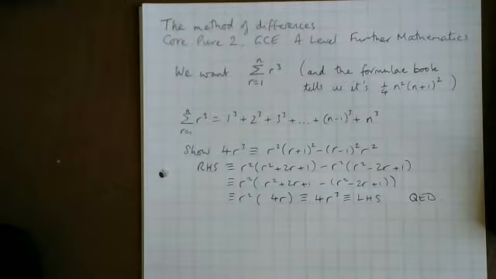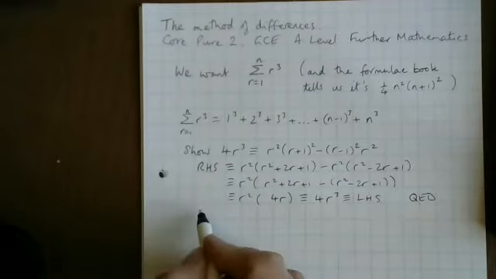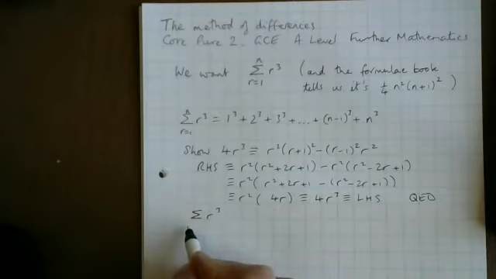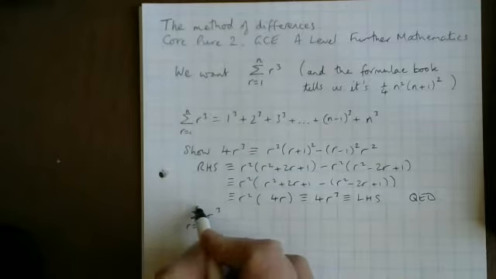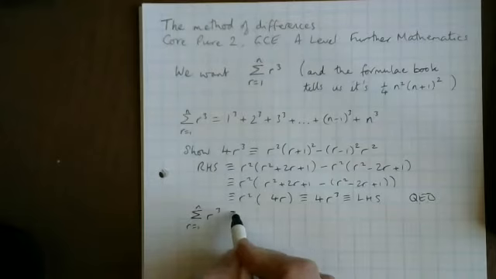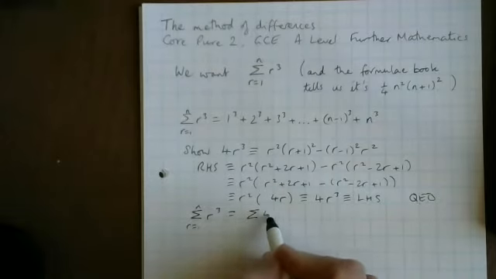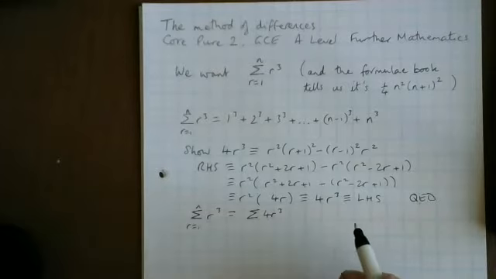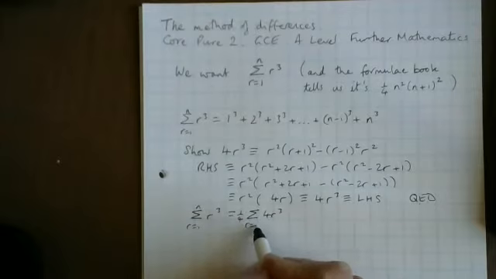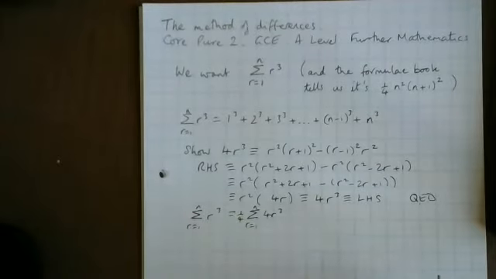The next step, use that to find the sum of r cubed. Well, the sum of r cubed from r equals 1 to n is the same as the sum of 4r cubed, but multiplied by a quarter, from r equals 1 to n.